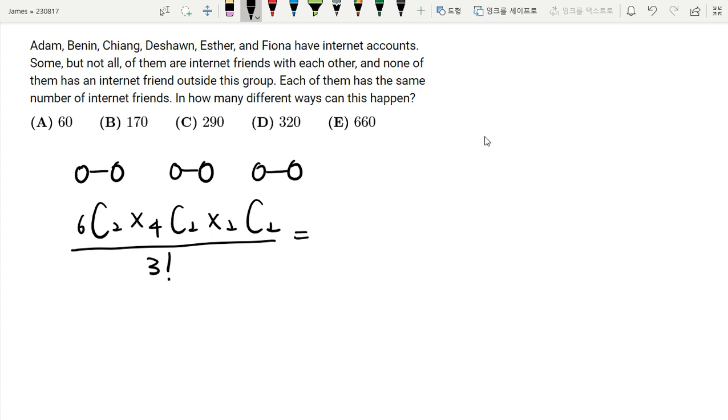So 6C2 is 15, and because 3 factorial is 6, the number of cases is 15.